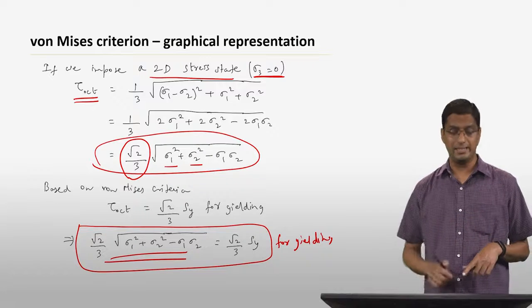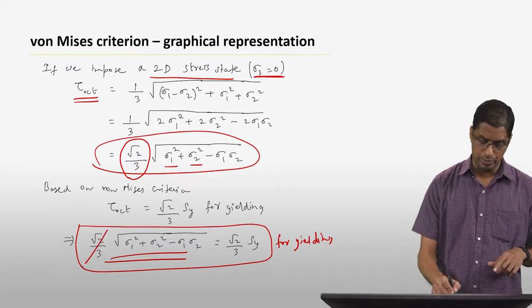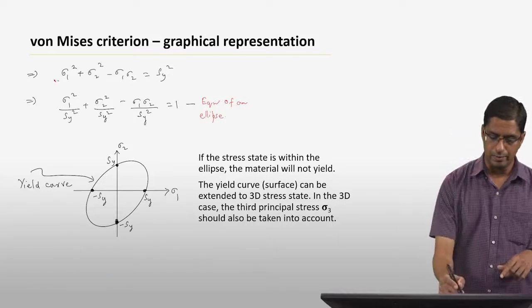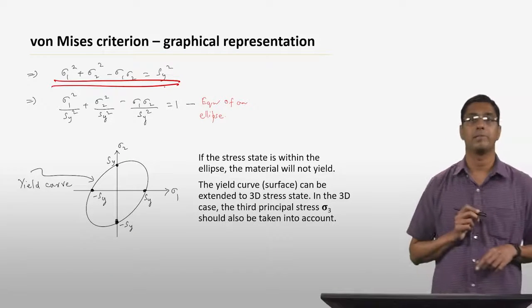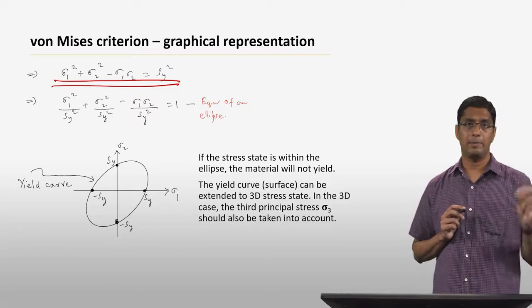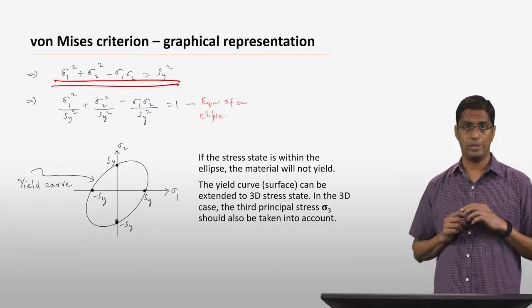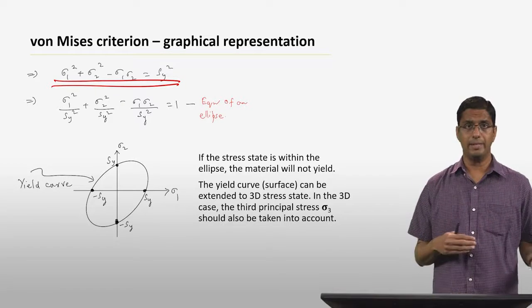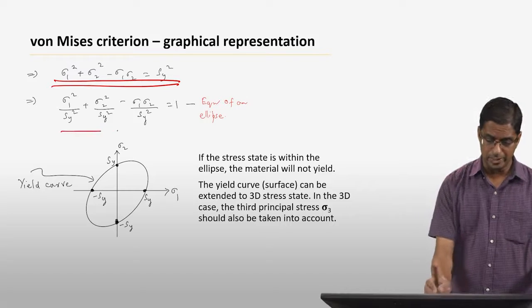So you can essentially cancel off the square root of 2 over 3 on both sides. And if you do that, you end up with an equation like this. So it's sigma 1 square plus sigma 2 square minus sigma 1 sigma 2 equal to Sy square. Now you can take the Sy square to the left hand side, and if you do that, you end up with this equation.